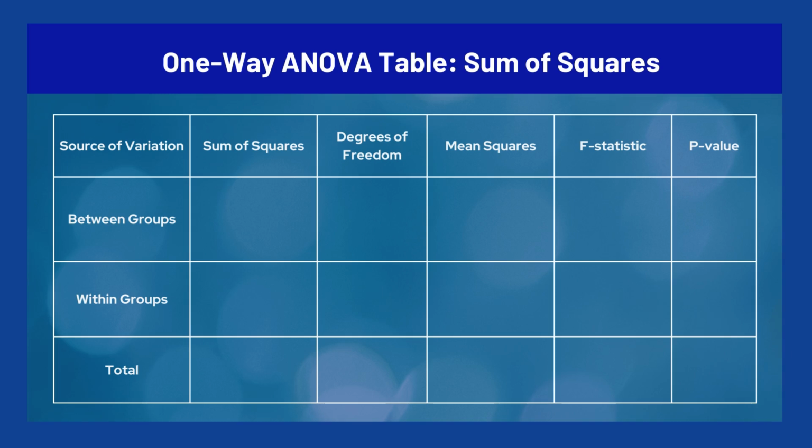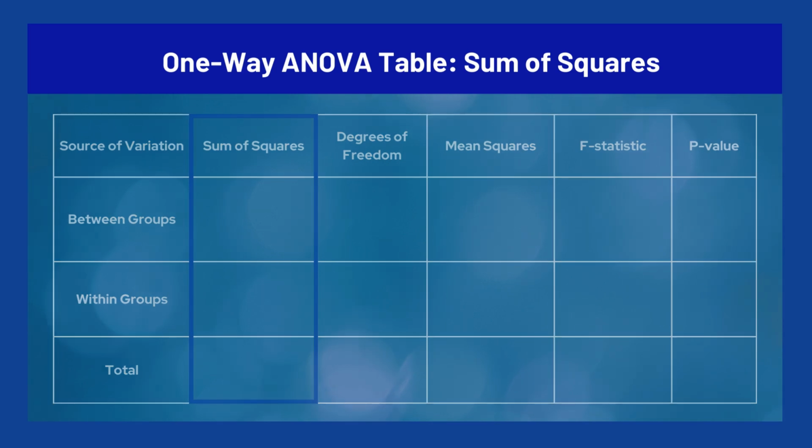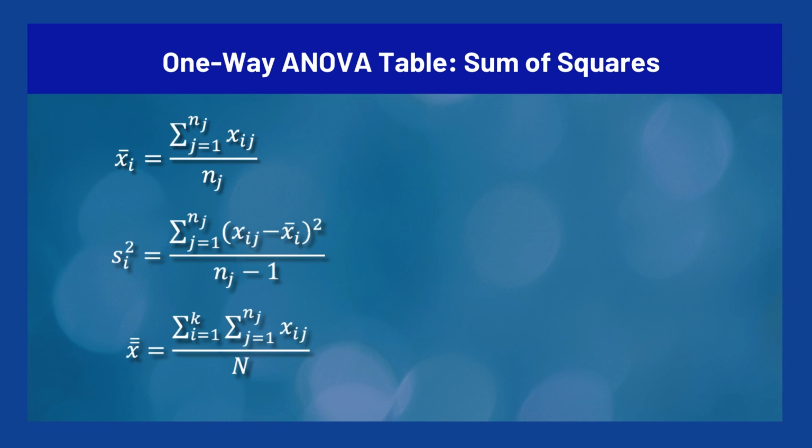To calculate the sum of squares, we first need to determine the sample mean and variance for each group, as well as the overall or grand mean. These values can be calculated using the following formulas.